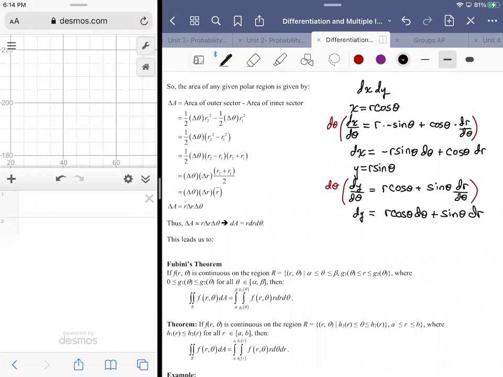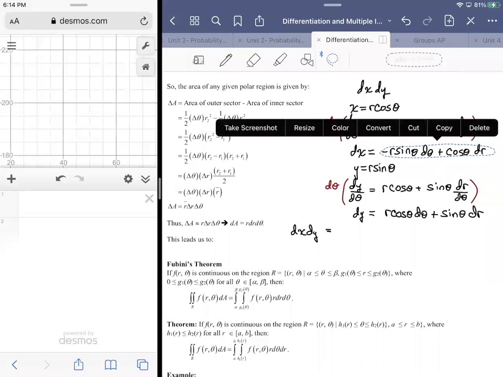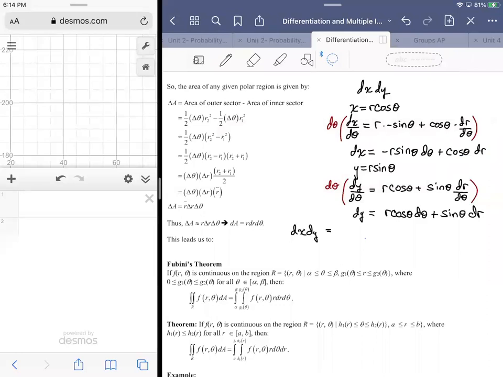So what we're looking for is the product of these two things. So I want dx dy. Okay. So that's going to be the product of this and this.